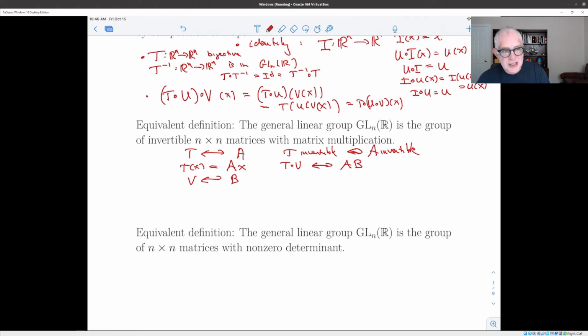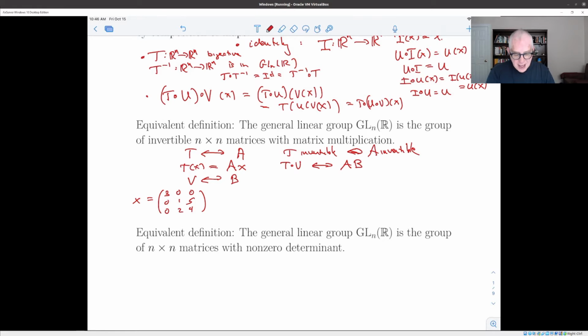It's very much like GL2R, but for 3x3 matrices. So an element of GL3 of R we can think of as just being a matrix that's invertible, for example 3, 0, 0, 0, 1, 5, 0, 2, 4. That would be an example of an invertible 3 by 3 matrix.